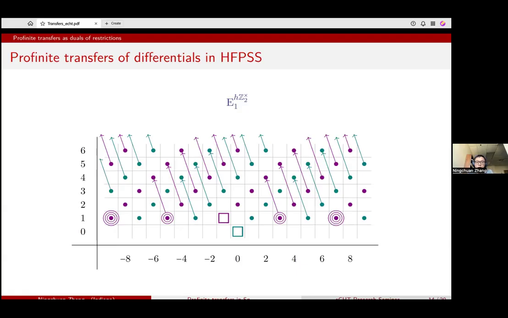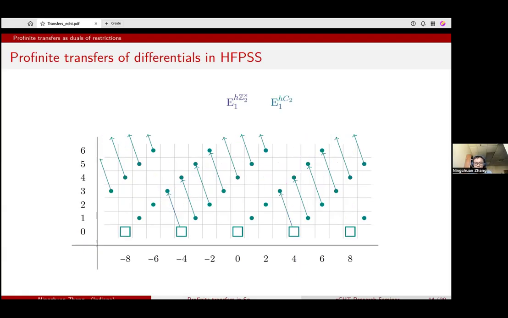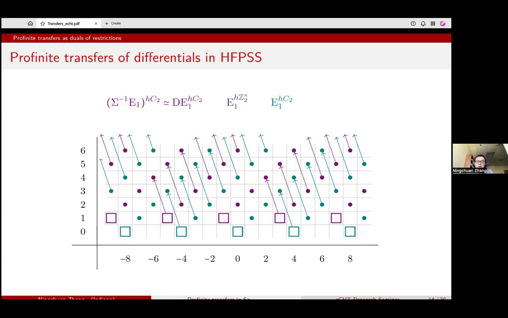You'll notice I have color-labeled all the dots and arrows by two colors. Those in teal come from the restriction, namely from E1 to the homotopy fixed points by C2, namely KO. And then there's another copy that is from the dual of KO. I'm here just superposing them into the same picture.